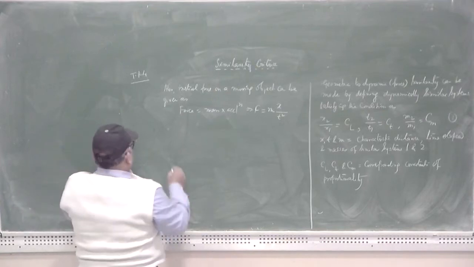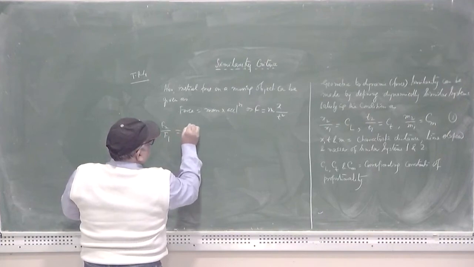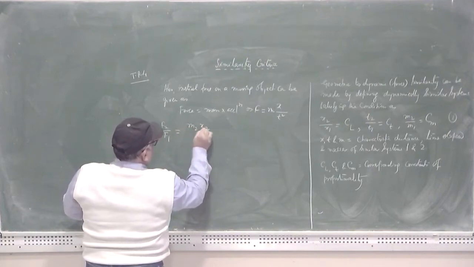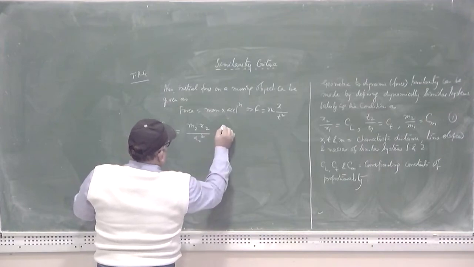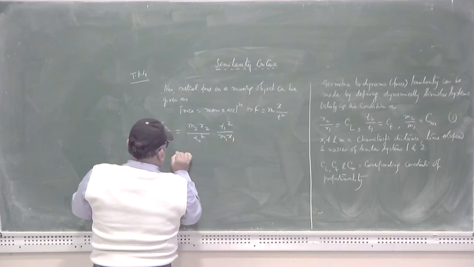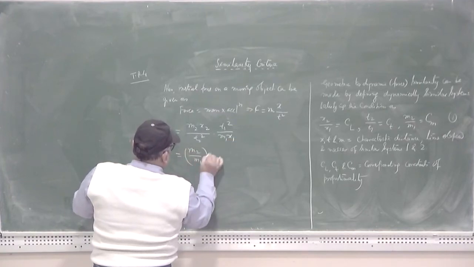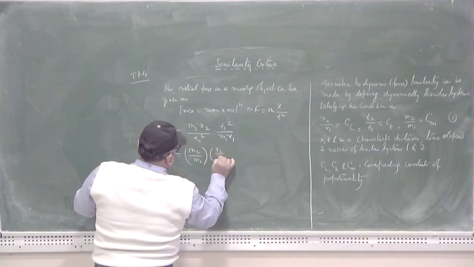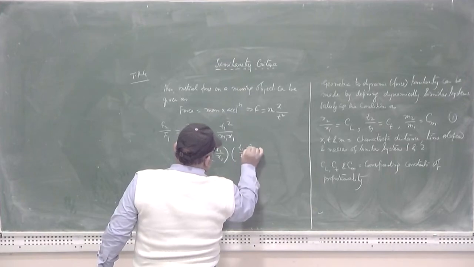So, F2 by F1 may be regarded as m2 x2 divided by t2 square into 1 by F1, that is t1 square divided by m1 x1. So, it may be written as m2 upon m1 into x2 upon x1 into t1 by t2 whole square.